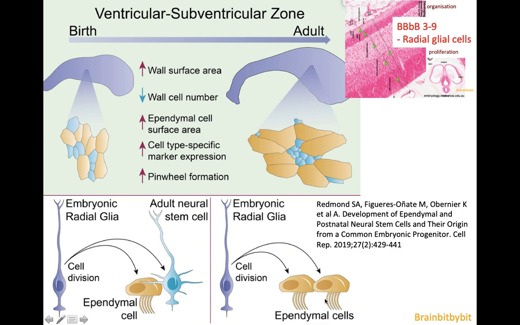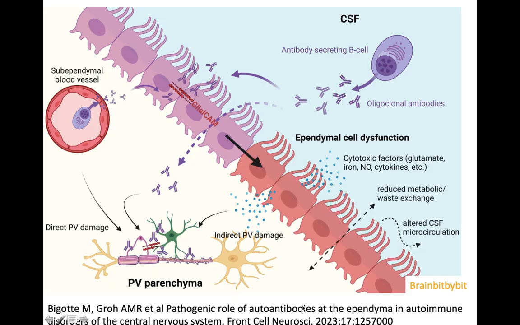Ependymal cells are not neural stem cells anymore, and they have these cilia, which are important to influence the CSF flow, and the ependymal cells itself form a barrier between the CSF and the extracellular fluid of the brain parenchyma. We are going to come back to that when we talk about the glymphatic system.